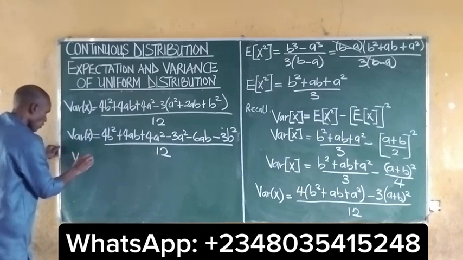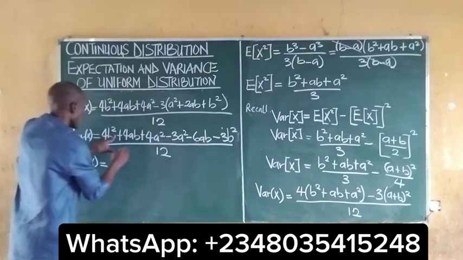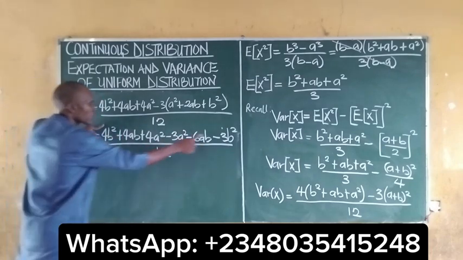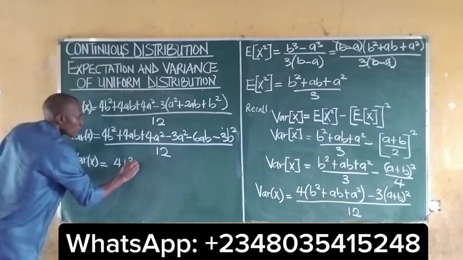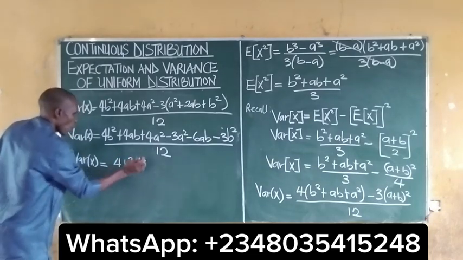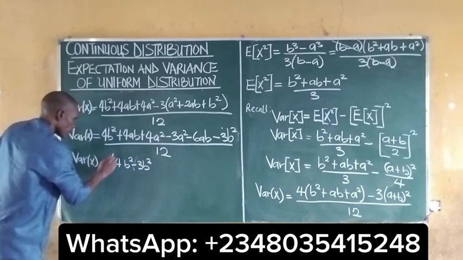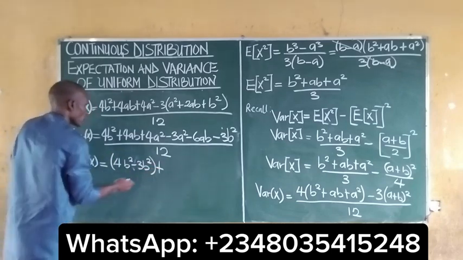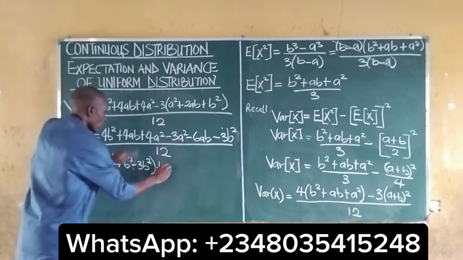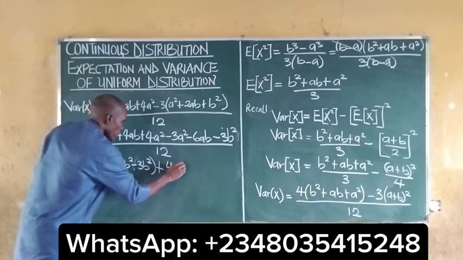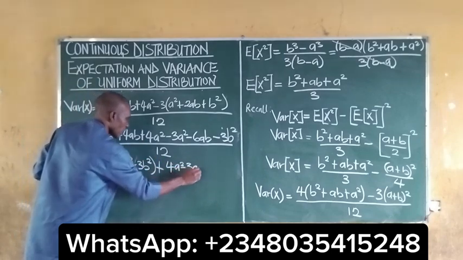Of course, the variance of x can also be, we take them separately, 4b squared and 3b squared. So we have 4b squared minus 3b squared plus, we take 4a squared and 3a squared, 4a squared minus 3a squared.